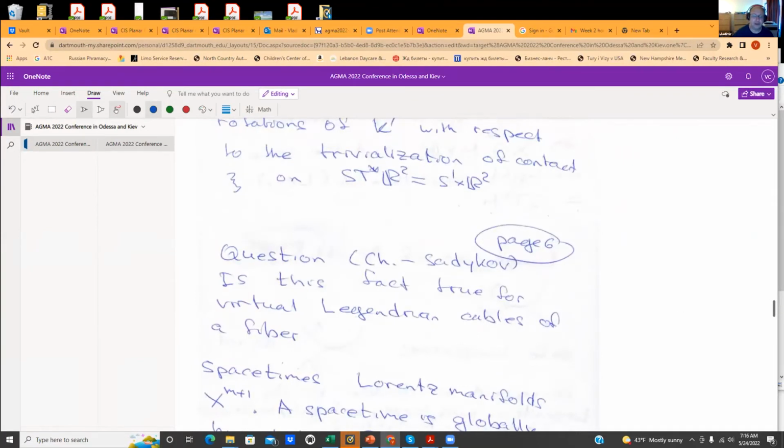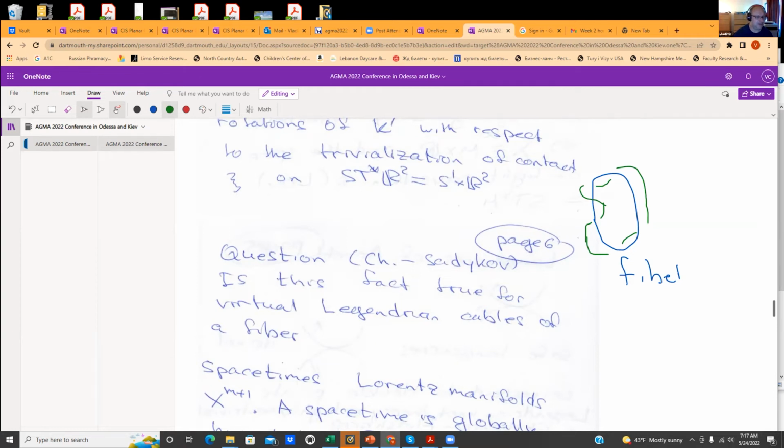So let me formulate the question so that everything becomes more or less clear. You have a cable of a fiber in the spherical cotangent bundle, right? So this is a fiber, and you have a cable, so it is something like that. I once again did not provide enough space to draw it, but this is roughly speaking a cable. So what we suspect is that if you consider a Legendrian cable of a fiber of the spherical cotangent bundle, then it is not only Legendrianly simple, it is virtually Legendrianly simple.